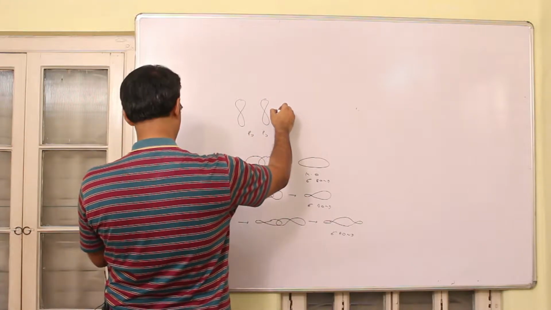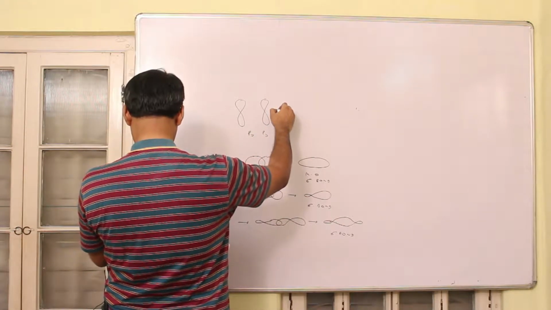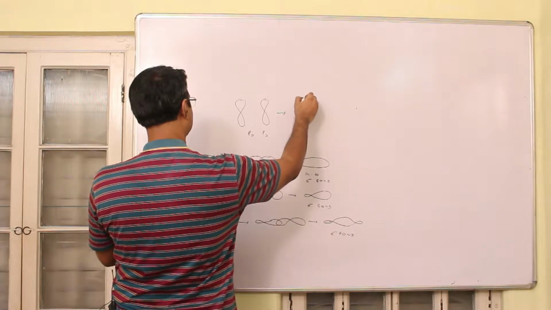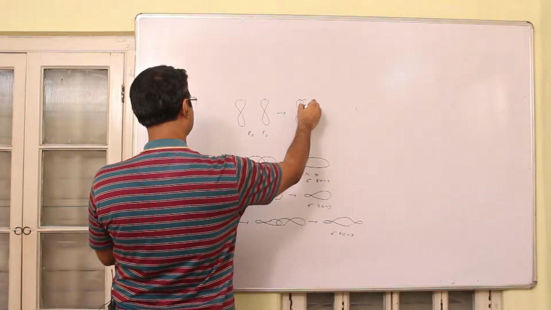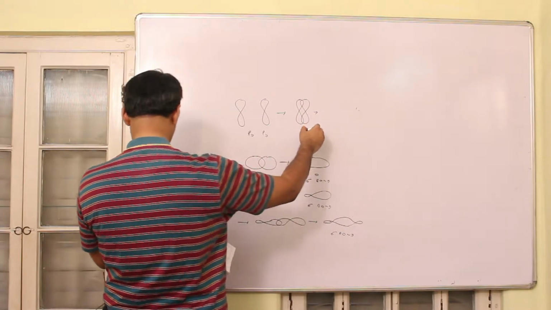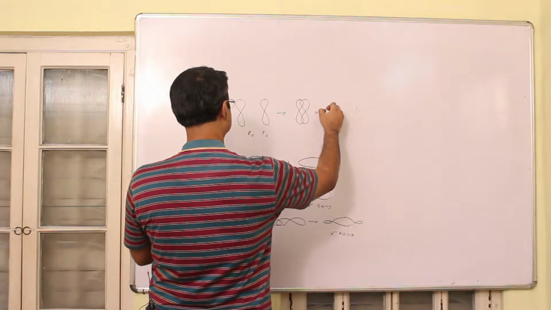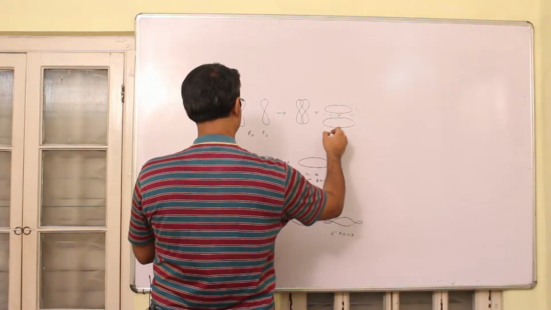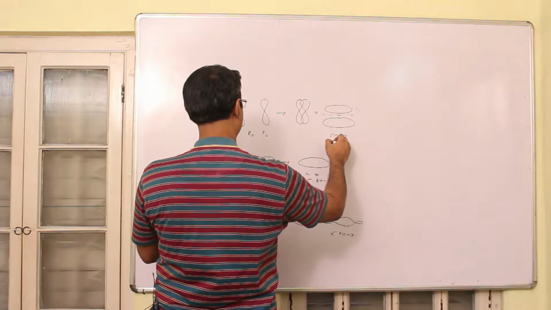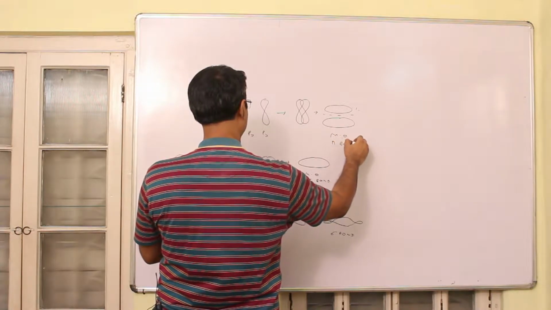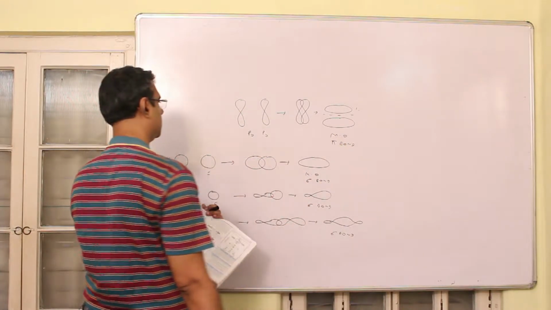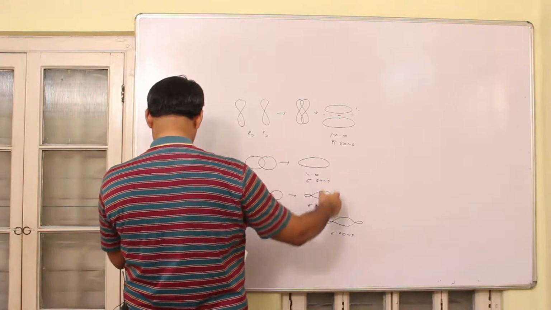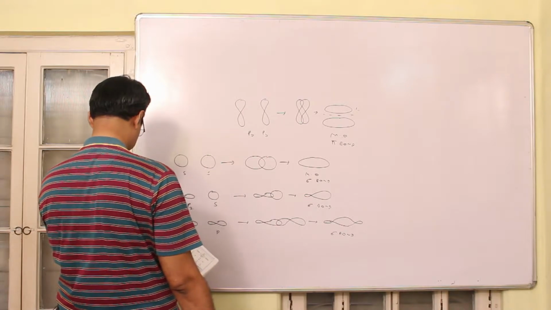If they overlap laterally, the molecular orbital is called a pi bond. So the molecular orbital can be represented like this, and this is called a pi bond.